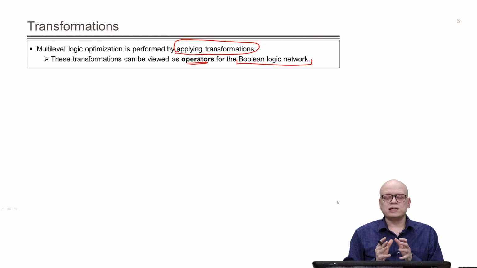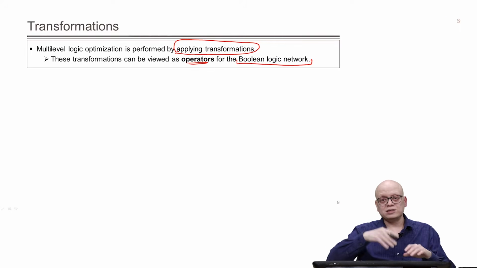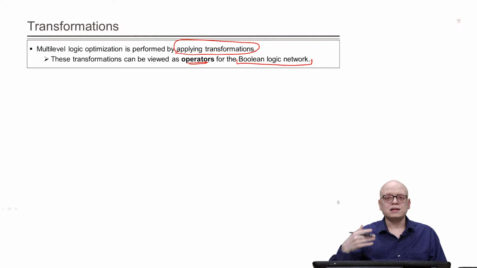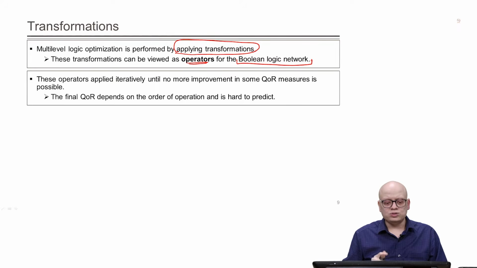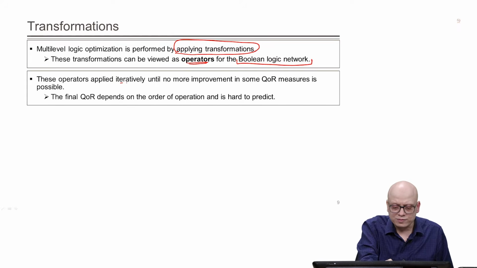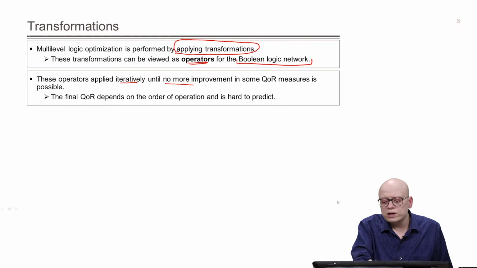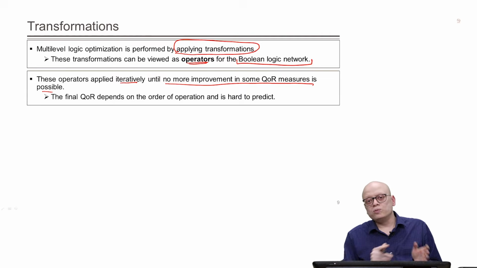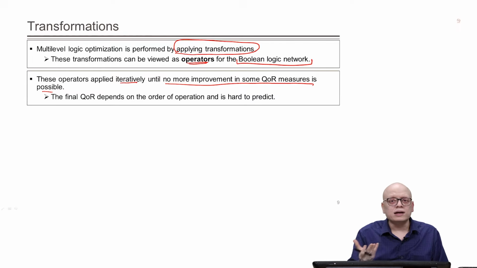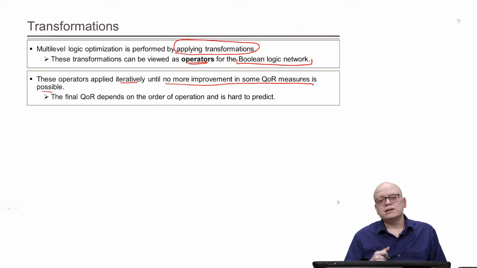Given a Boolean logic network, we apply operators one by one in sequence, and these operators are applied iteratively until no more improvement in some QoR measure is possible. This is a heuristic that is typically used in transformations of the Boolean logic network to improve some QoR measure.